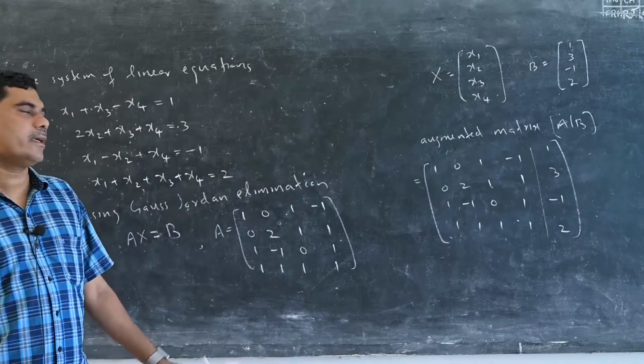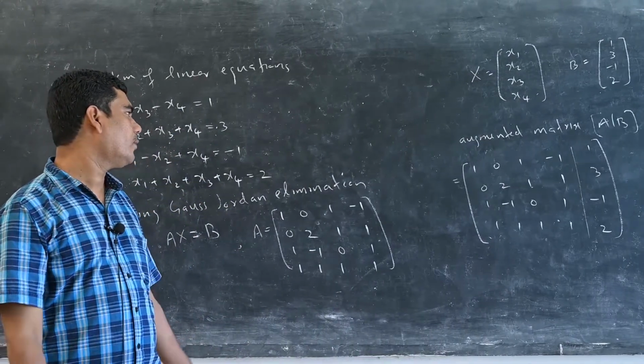Now we find the row reduced echelon form of this augmented matrix AB.